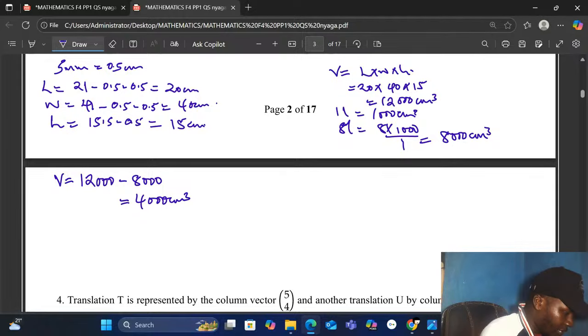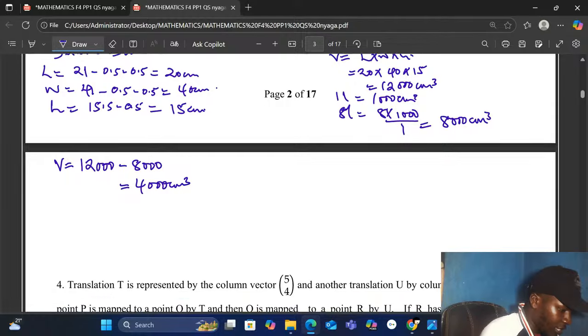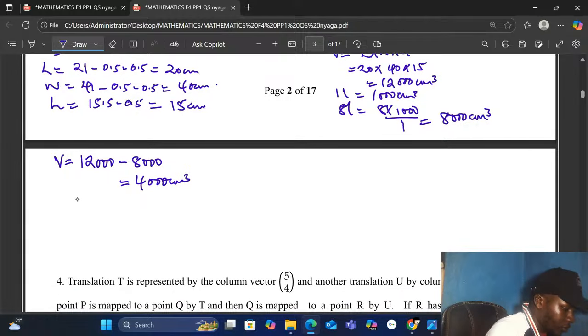So we have 20 times 40 times the height that we don't know gives us 4,000 cubic centimeters.